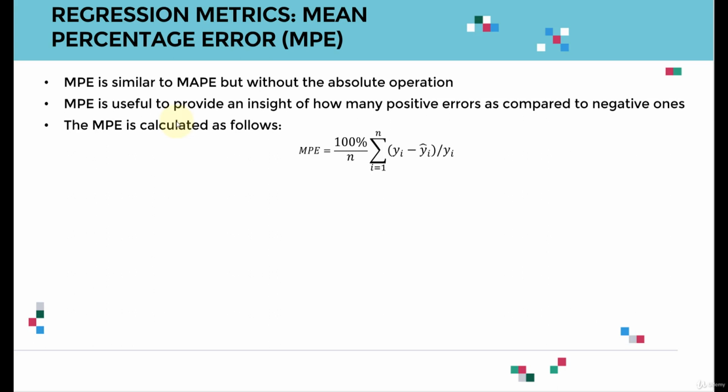So now I know how many positive errors or negative errors there are, if I have data points above my predictions, above my model, above my straight line, or data points below the line, because again, I'm not squaring it up or obtaining the absolute value. So here the sign will make a difference. That's basically what we call MPE, or mean percentage error.